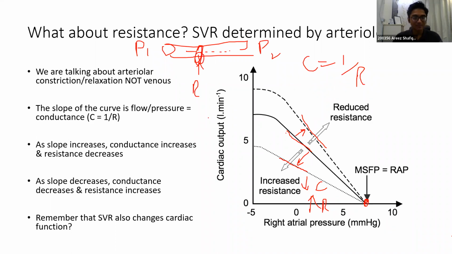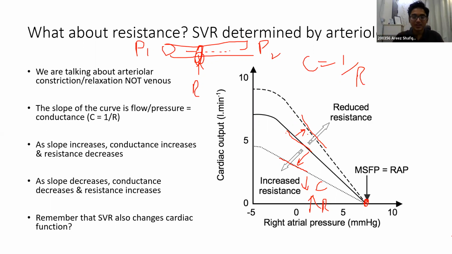So conductance is how easily the blood moves through. Resistance is how difficult it is for the blood to move through. So they're exactly the opposite. If conductance is increasing, resistance is decreasing. If conductance is decreasing, resistance is increasing. Inversely proportional. That's the best definition.